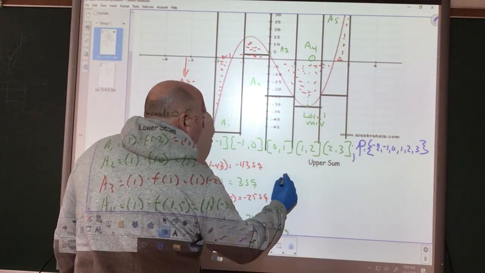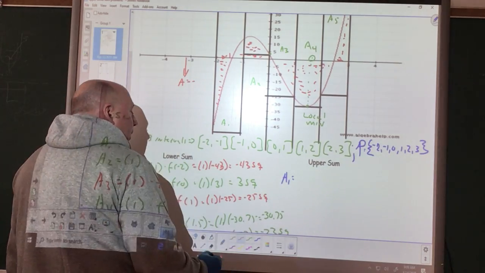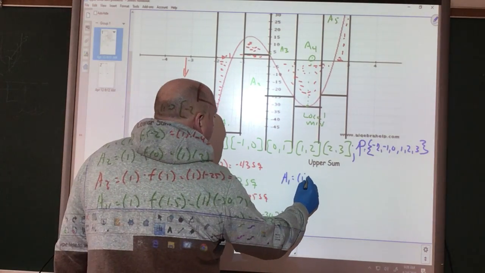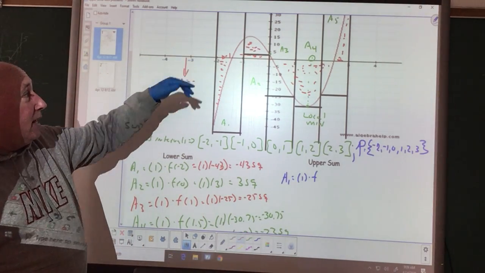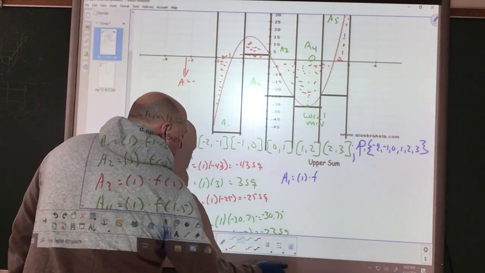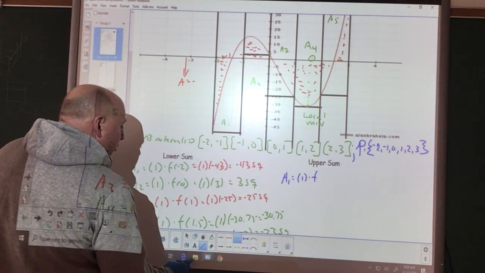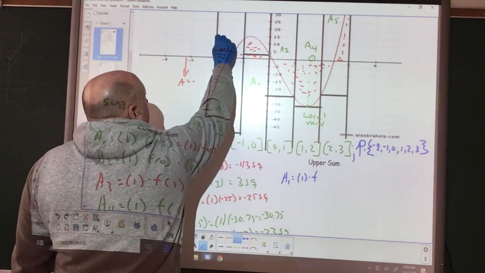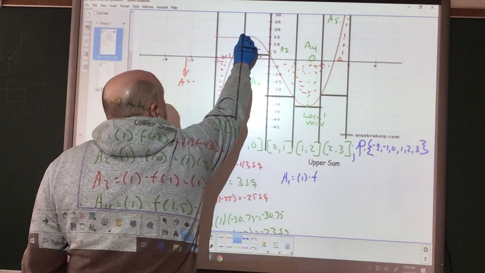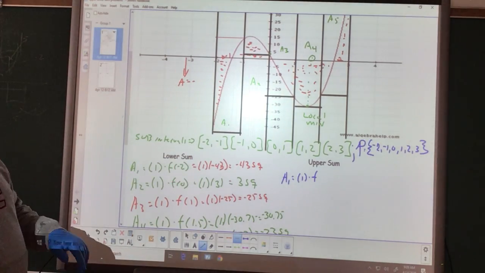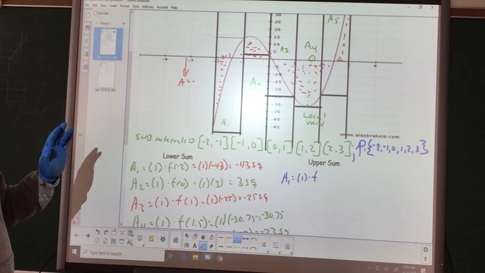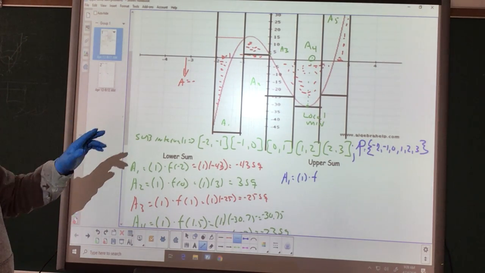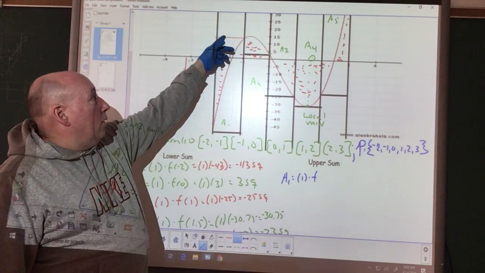So A1, we have once again the value of 1 times my function value. Well, if I want to draw it so it's entirely above, and typically what students will do is they'll look at their graph and they'll not do each one of these separately. We'll look at each one and determine where do I want to be entirely above. Okay, so I'm going to draw from here over.